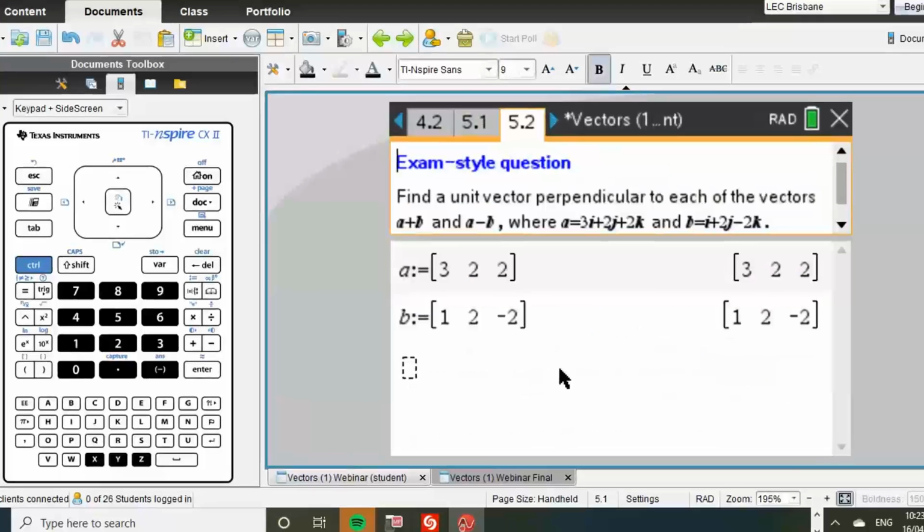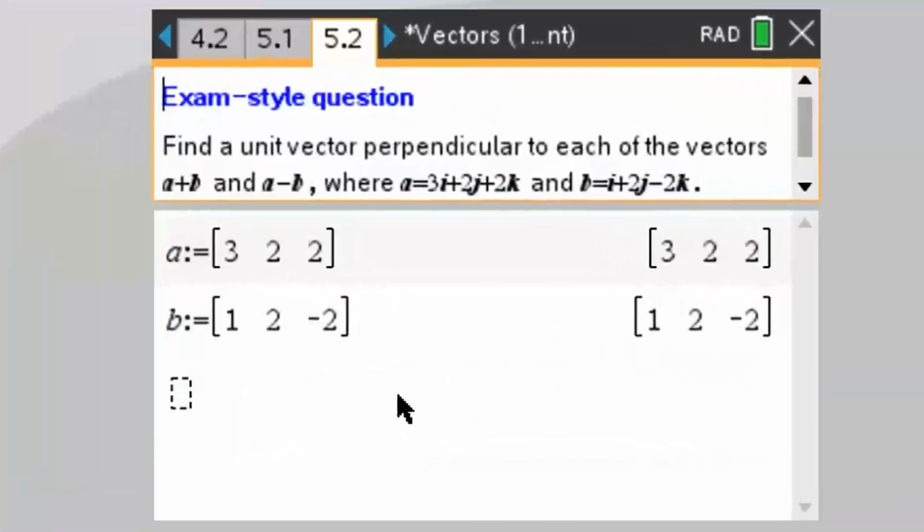Let's look at an exam style question. Here we're asked to find a unit vector, and I'll come back to that in a moment, that's perpendicular to each of those vectors A plus B and A minus B, where A and B are those given vectors. So what I've done here is, again, I've assigned vector A to be that and vector B to be that.